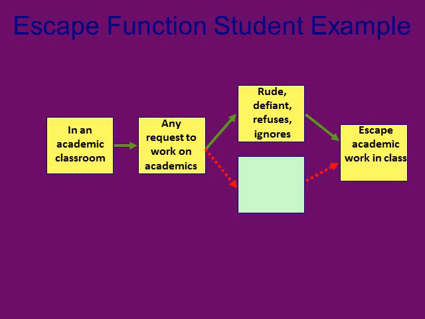Maybe the student is kicked out of class, which we see often. Here is the replacement behavior to be taught: to complete work to earn some free time. So they're still accessing the same maintaining consequence, the same functional equivalent.